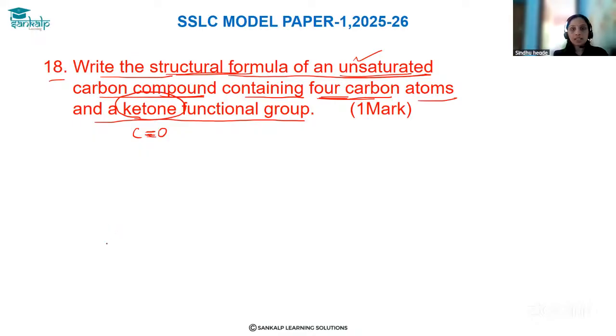See how to write this structural formula. First of all, it contains 4 carbons. So but, right? But means 4. So but is the start, and then the functional group is ketone. So butanone, C4H8O.